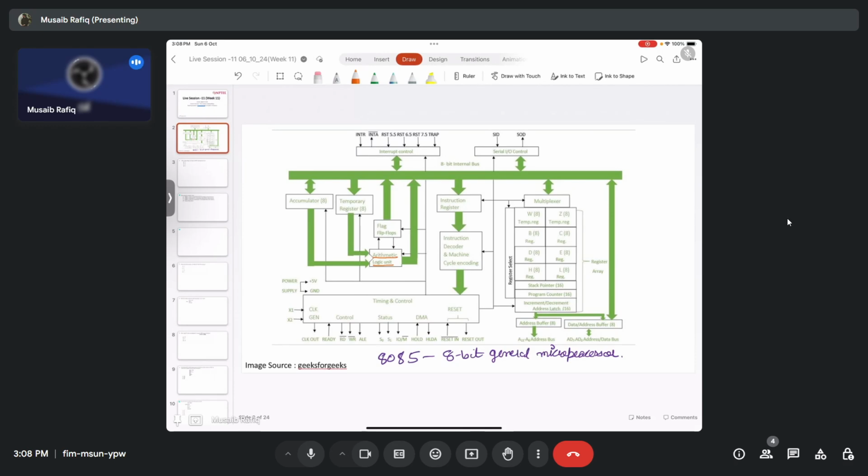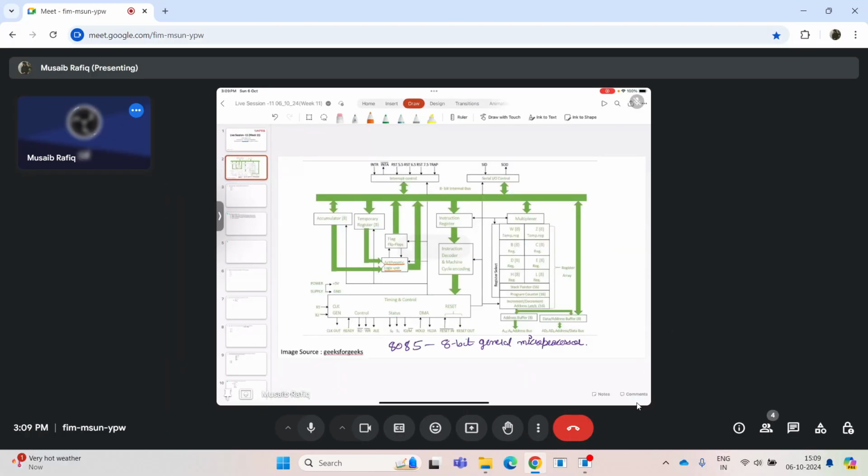To repeat, the arithmetic logic unit is used to perform mathematical operations like addition, subtraction, multiplication, division, increment and decrement, and also logical operations and bit shift operations.